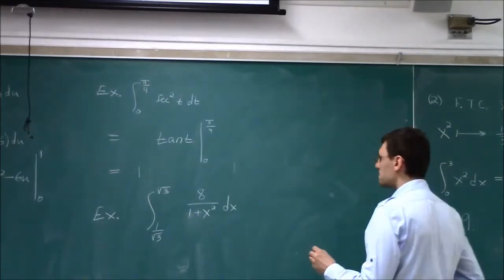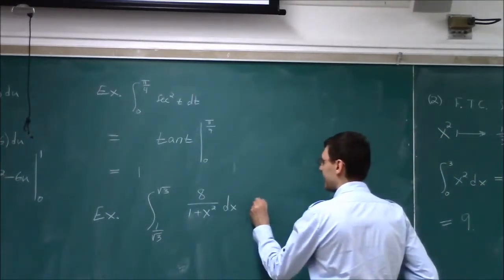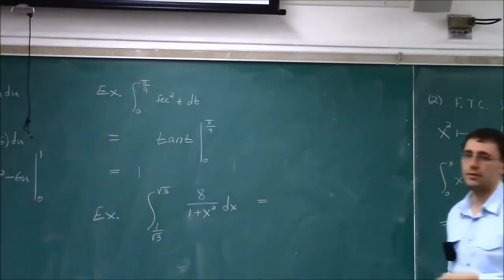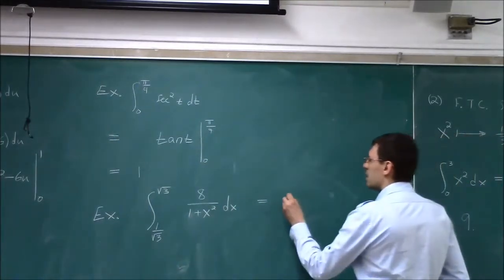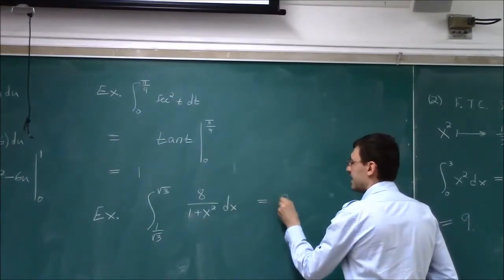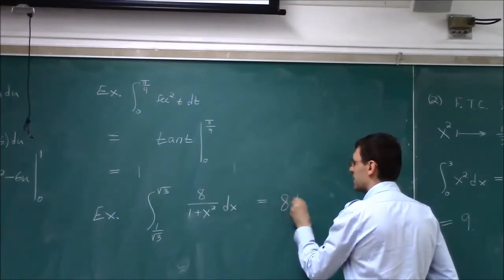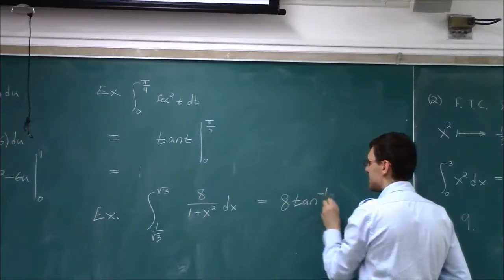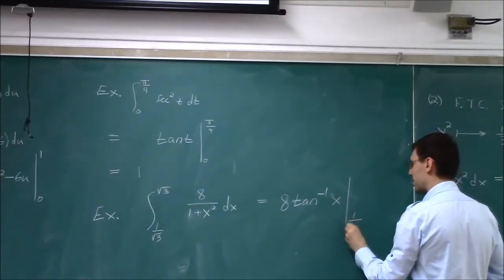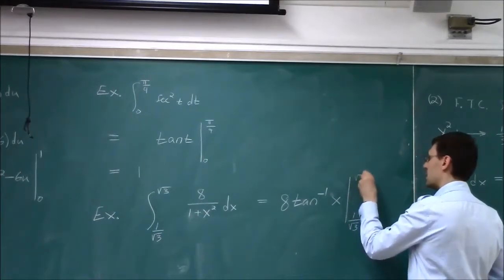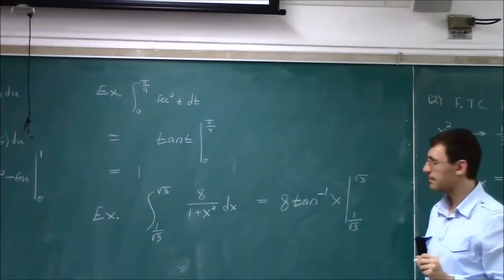All right. Do you recognize what should be the function here? It should be 8 times tan inverse of x, evaluated from 1 over root 3 to root 3.